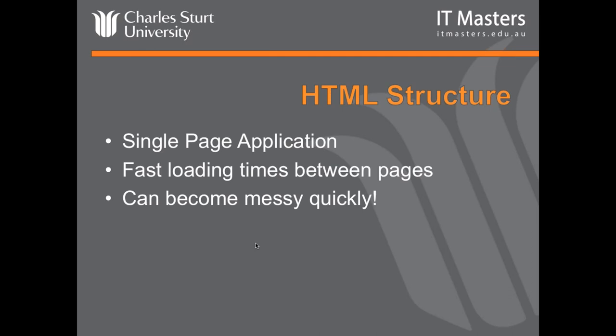So a native app takes a few seconds to load anyway, so this really doesn't take any longer. So we get maybe a couple of seconds at the start where it loads everything in, but from then on, our performance is very quick, because basically it appears that we're working with multiple screens, but in fact we're just jumping around within one page, and that makes the whole application run much faster.